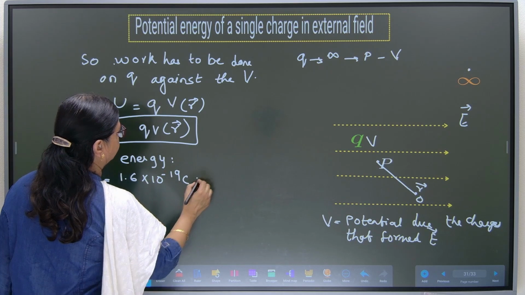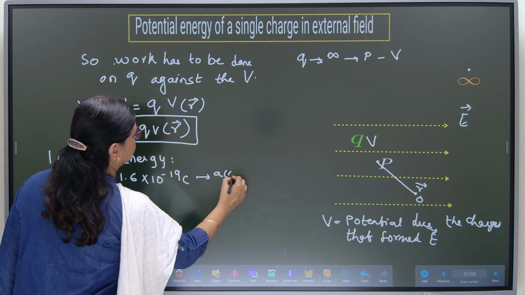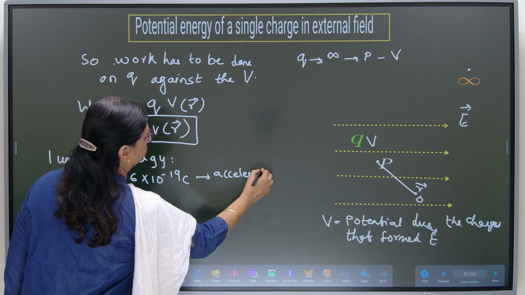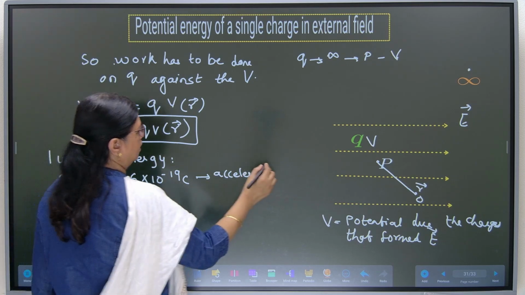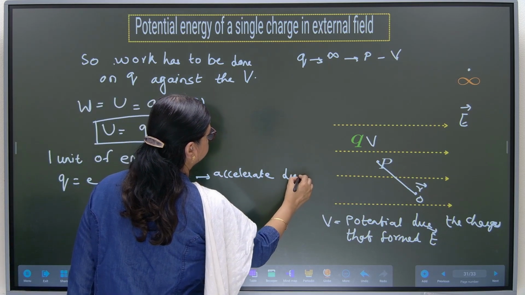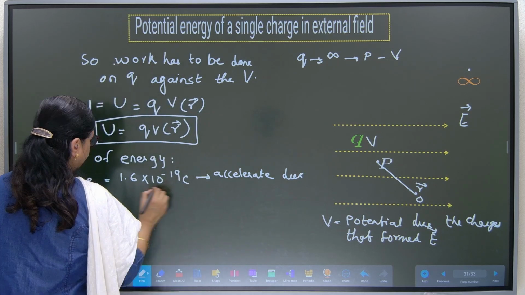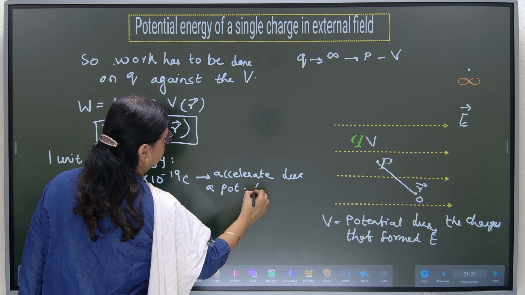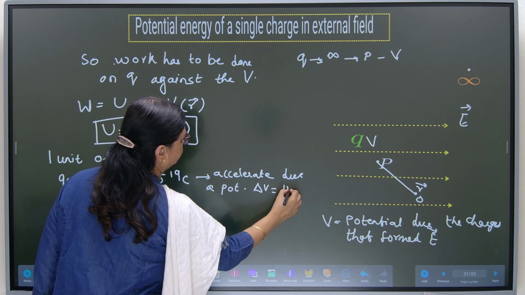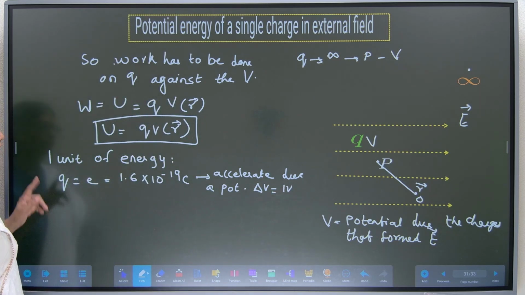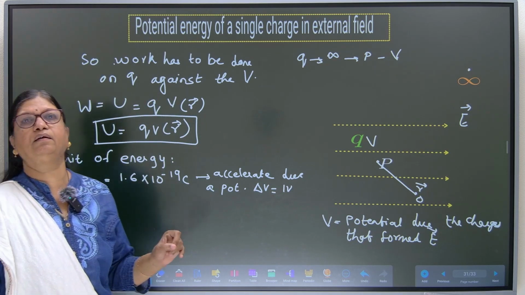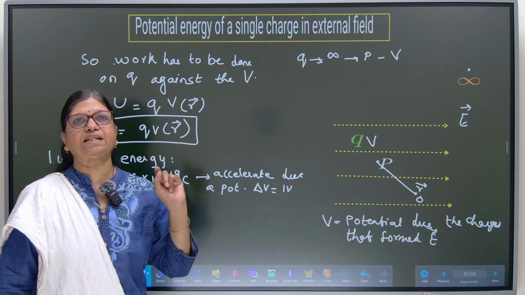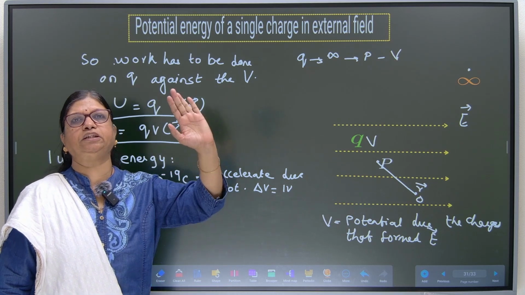Let this electron accelerate due to a potential delta V equal to 1 volt. Okay, so I have a charge e which is accelerating due to a potential 1 volt.